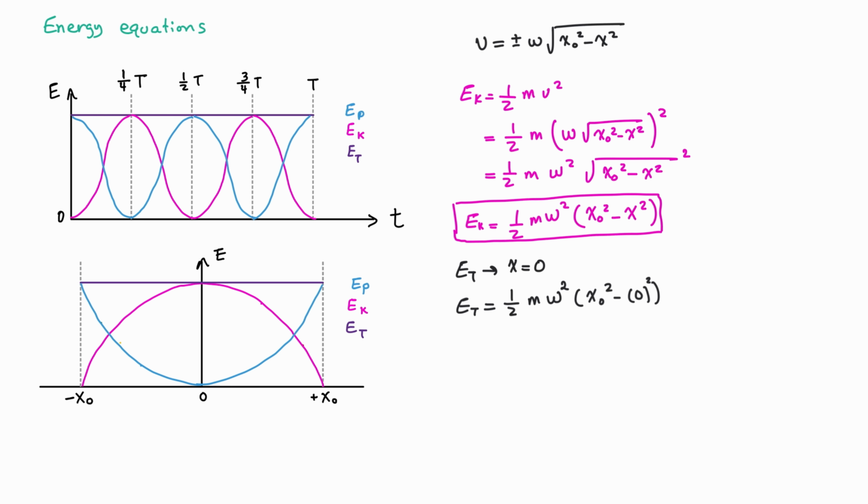And that's when the kinetic energy is at its maximum, and that's equivalent to the total energy at that point. So therefore ET will equal 1/2 times mass times angular velocity squared times amplitude squared.